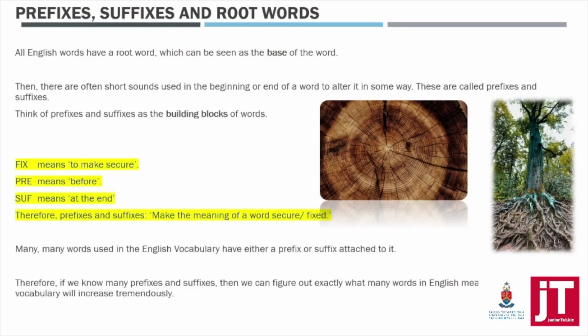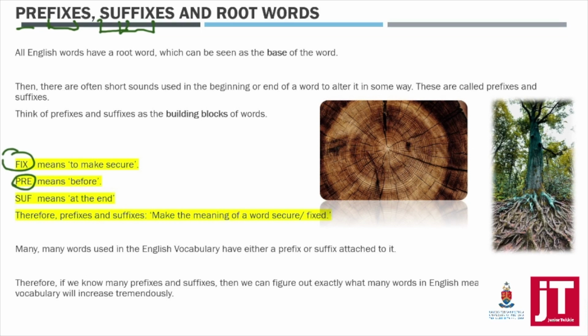Okay, so what exactly is a prefix, a suffix, or a root word? Well, the word fix, right, which can be seen here, prefixes, suffixes, okay? That means to make secure, okay? Pre means before, and suff means after.